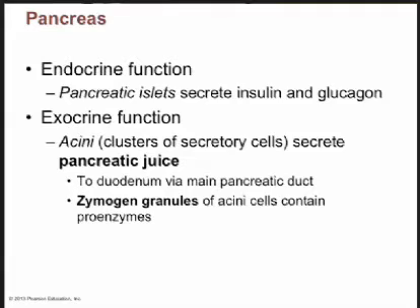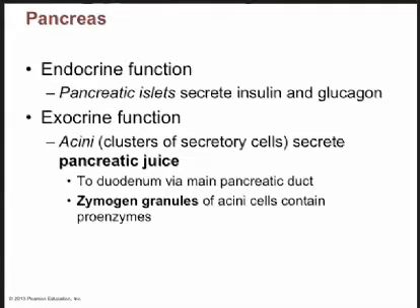The purpose of this is so that the enzymes don't activate prematurely inside the pancreas. If they did, they would actually digest the organ. And in fact, that is sometimes a cause of pancreatitis, an inflammation of the pancreas.